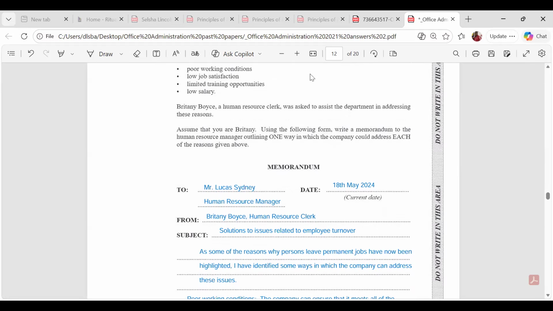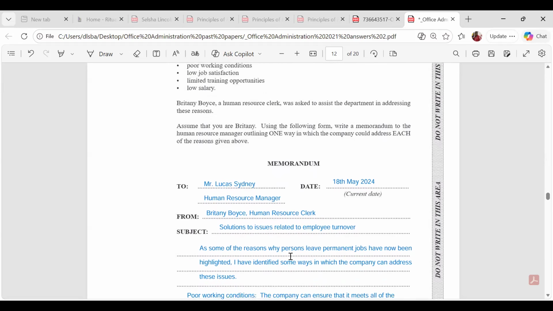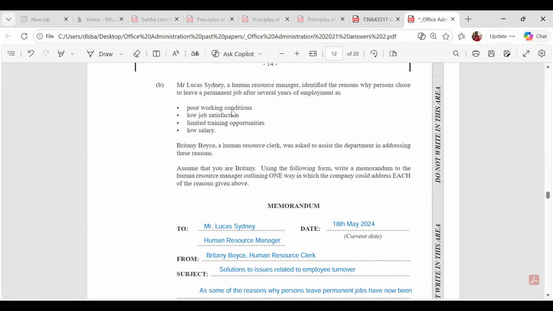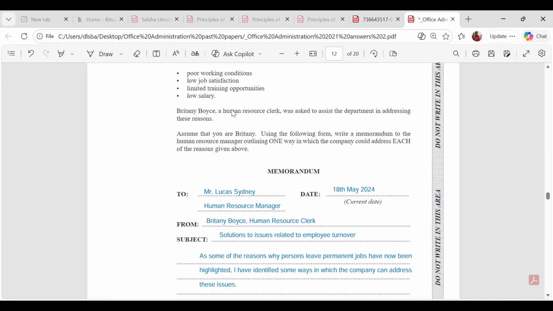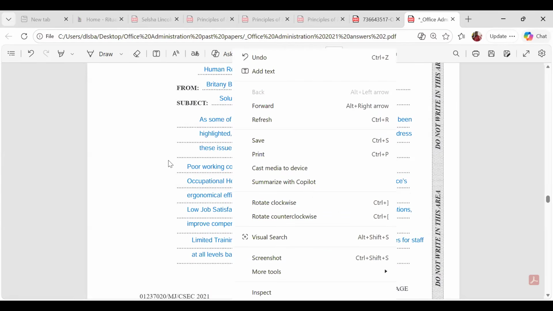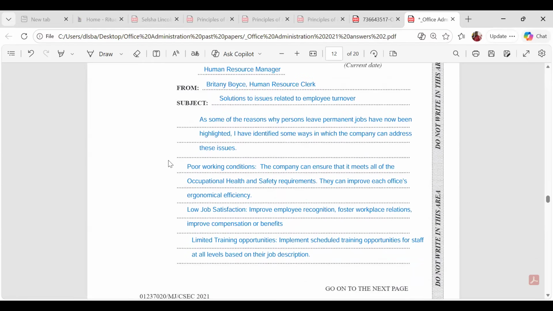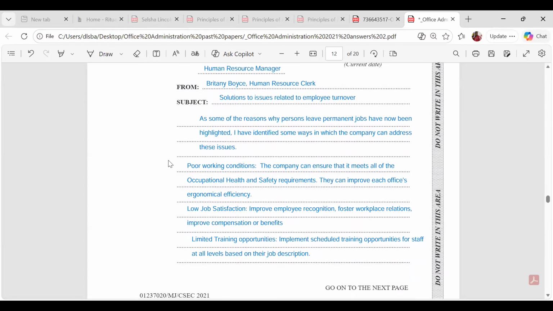And you're just writing exactly what they tell you to do. So you see what some of the reasons are. People leave permanent jobs and you give a solution for each. Poor working conditions, improve the working conditions. Low job satisfaction, improve motivation in the organization.